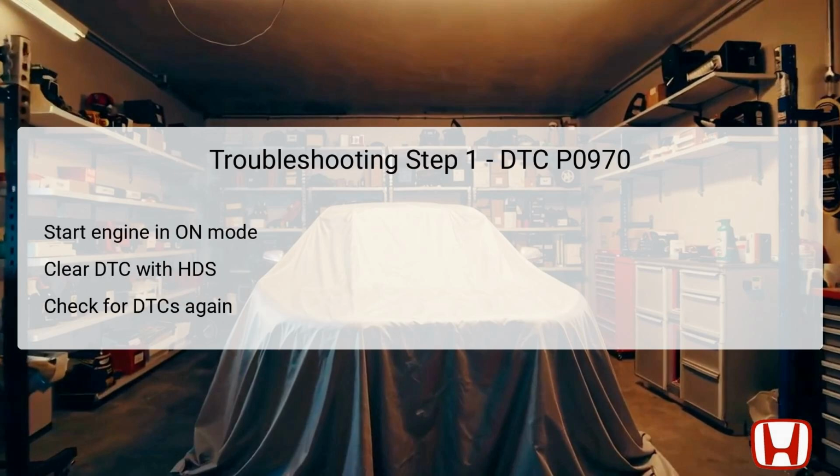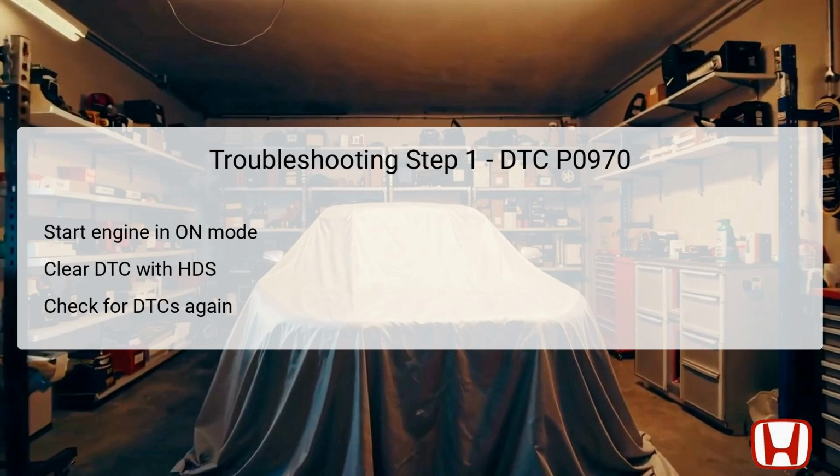For the first troubleshooting step, it is essential to start by ensuring that the engine is in the on mode. This is done by pressing the engine start-stop button without starting the engine. Next, the diagnostic tool known as HDS, or Honda Diagnostic System, should be used to clear the DTC from the memory.